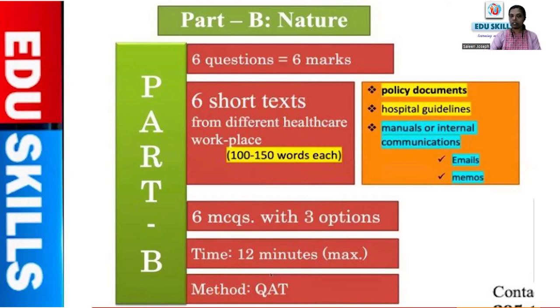The texts you will get are policy documents, hospital guidelines, manuals, or internal communications like emails or memos. For these 6 questions, you will have 6 MCQs, multiple choice questions with 3 options.